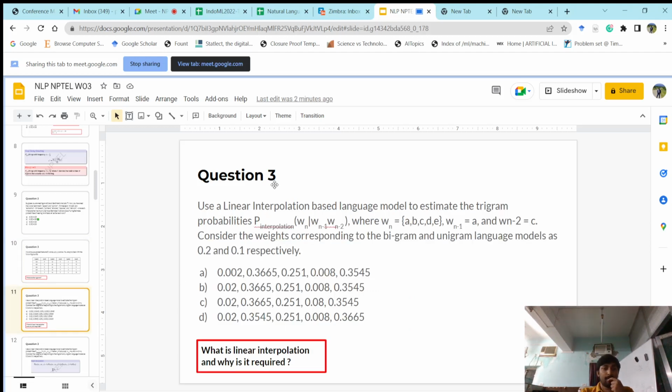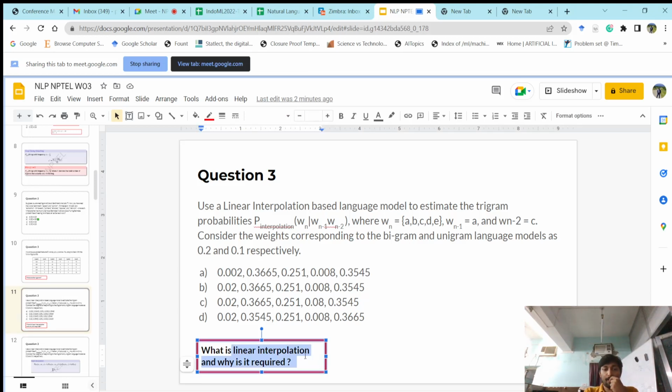They are asking us to use a linear interpolation based language model to estimate the trigram probabilities. So the basic question is what is linear interpolation and why is it required? Can anyone tell?